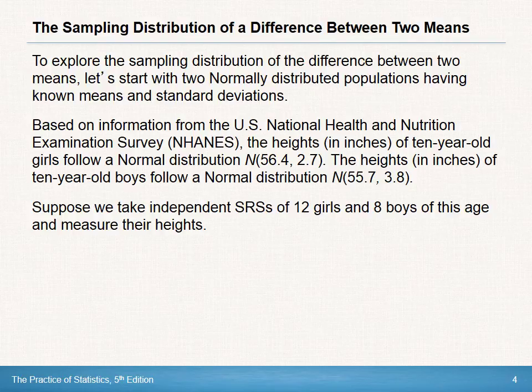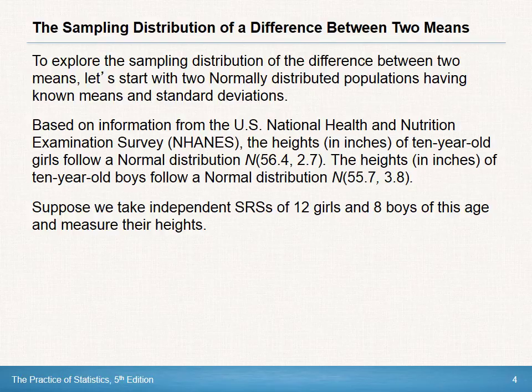having known means and standard deviations. Based on information from the United States National Health and Nutrition Examination Survey, the heights of 10-year-old girls follow a normal distribution, and the heights of 10-year-old boys also follow a normal distribution. Notice that for the girls, the mean is 56.4 inches with a standard deviation of 2.7.